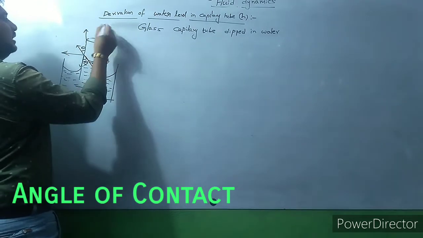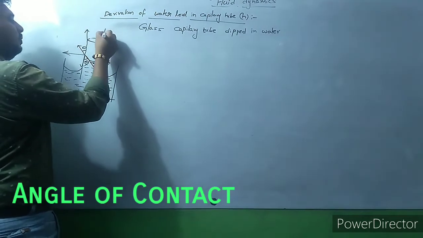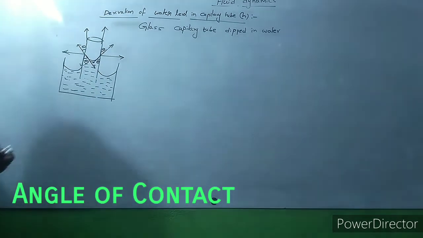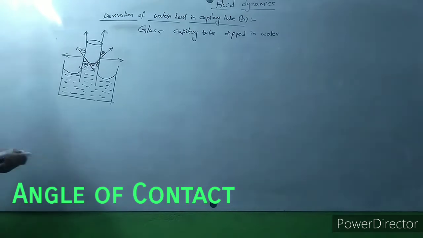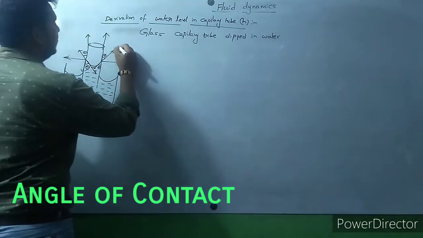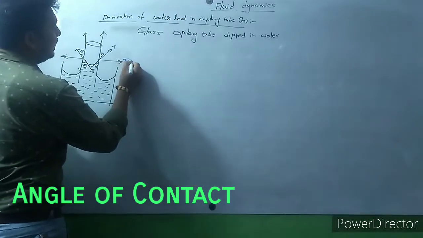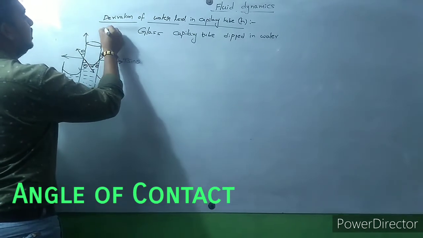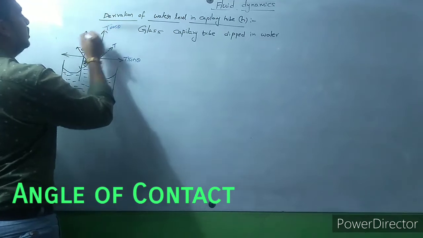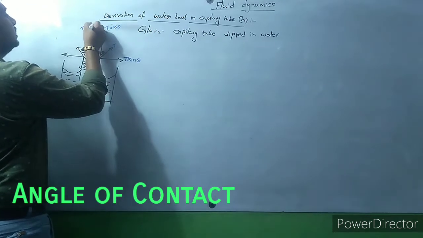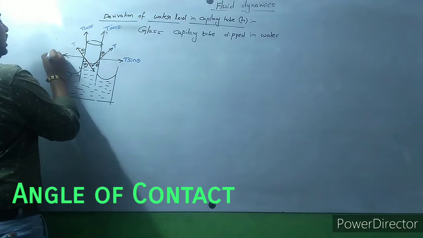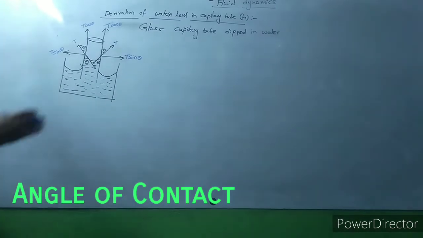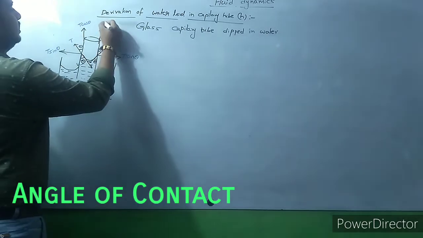One component is like this, another component is like this. This is T sin theta and this is T cos theta. T cos theta, and this is T sin theta.